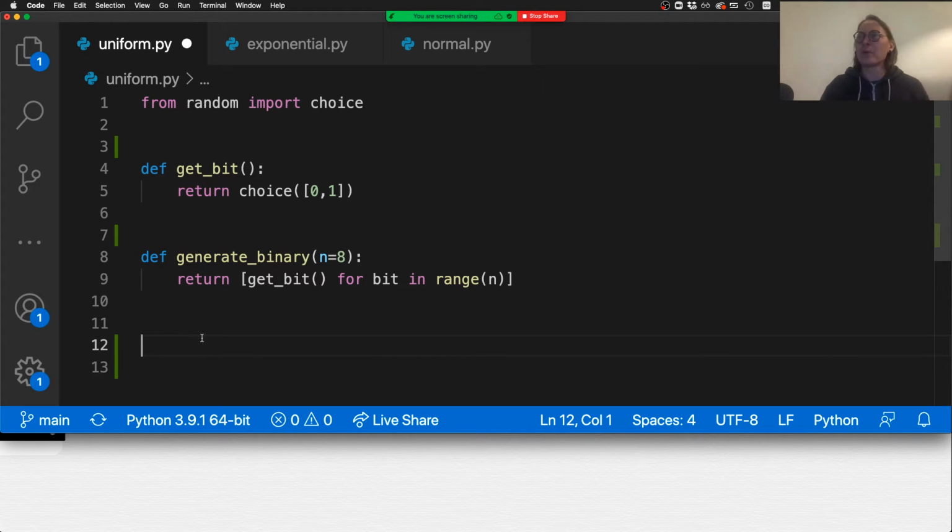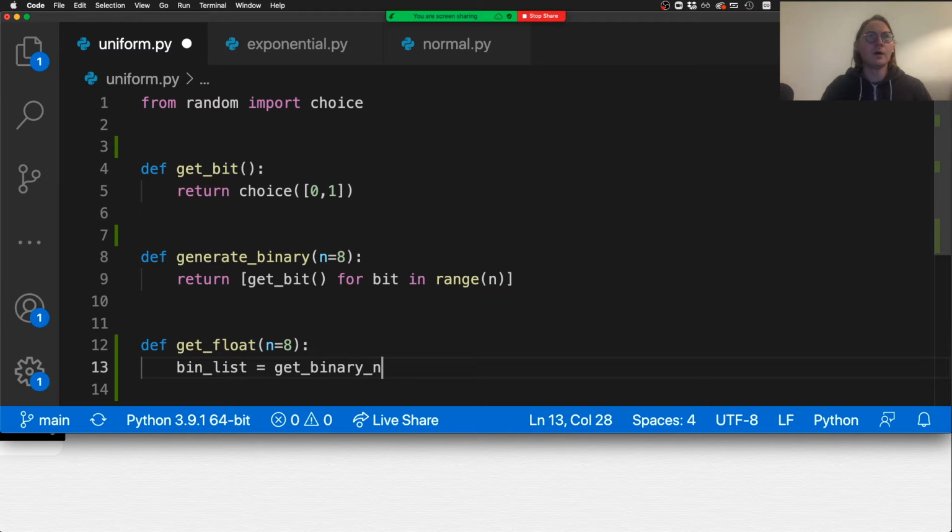Or it won't be a probability there. It'll be a decay factor of 0.5. So I'll call this get float, and I'll set n to 8, not 9. And I'll just get a list of binary, get binary of, sorry, this is generate binary.